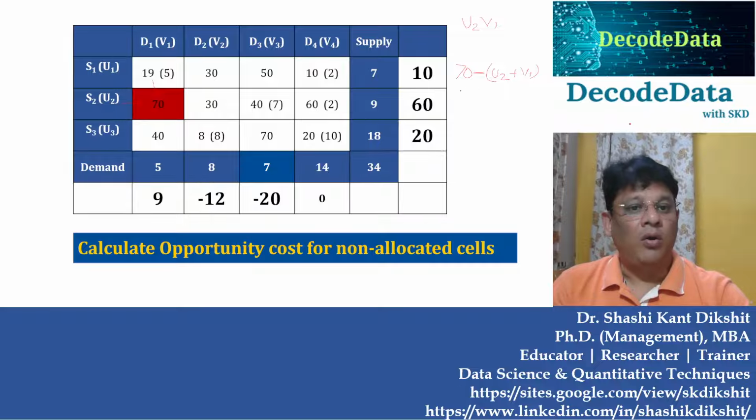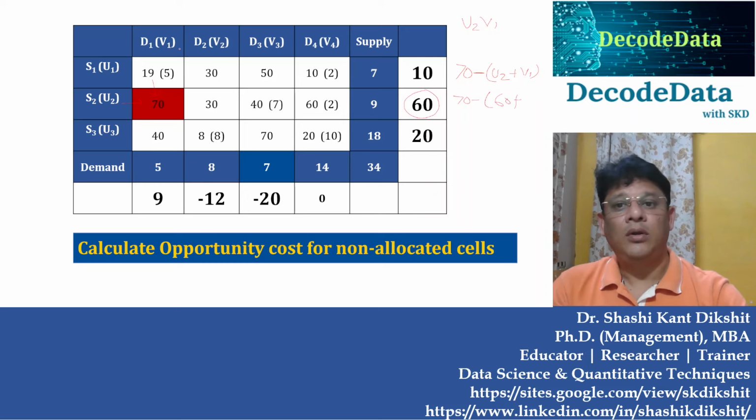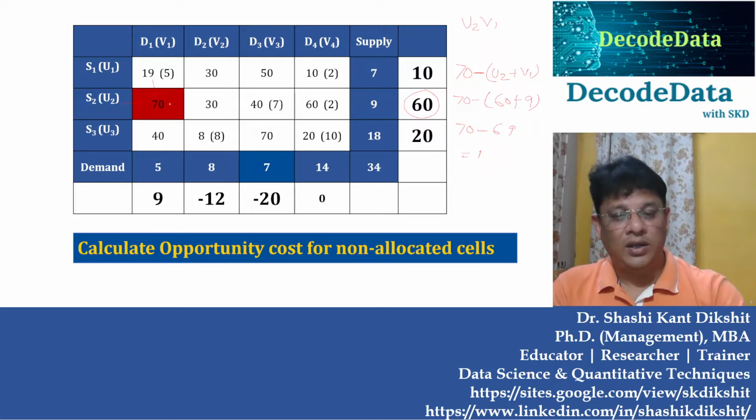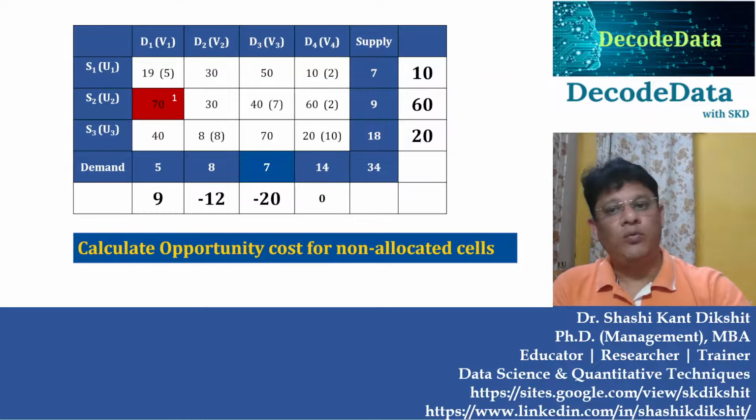Clear? Now u2 is 60 plus v1 is 9, right? So 70 minus 69, that is 1. So the opportunity cost for this particular cell, the dark cell, is 1. So I have mentioned 1.